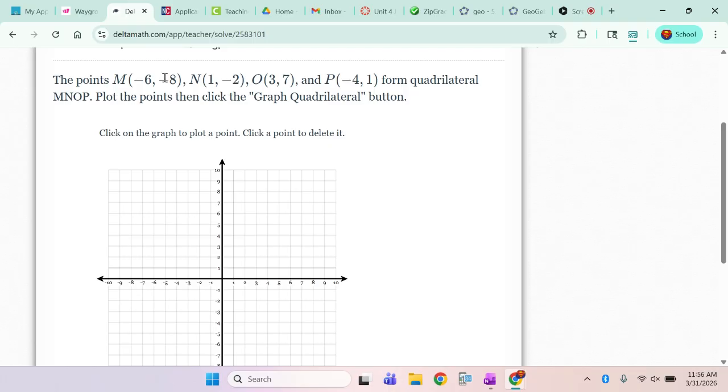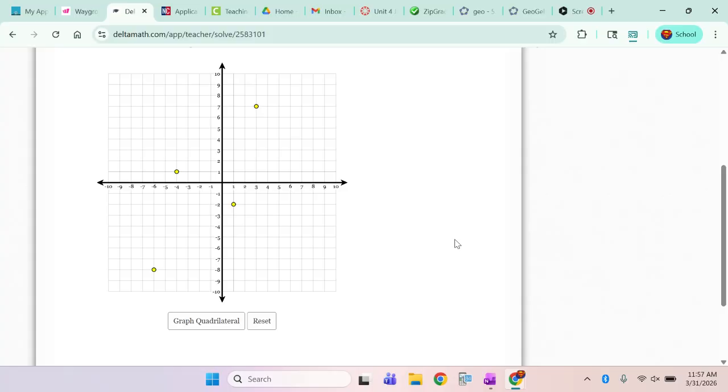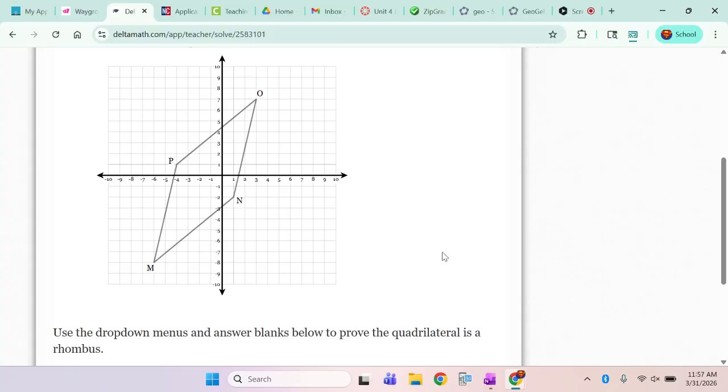First thing you need to do, graph these points. Take a minute to plot these 4 points: (-6, -8), (1, -2), (3, 7), and (-4, 1). Once you graph all 4 points, graph the quadrilateral.